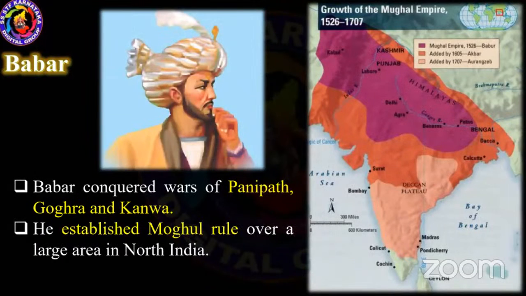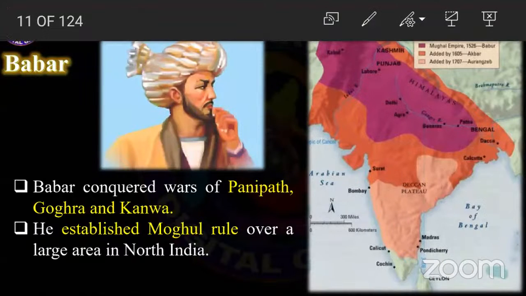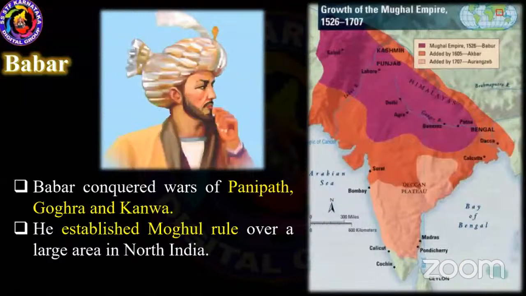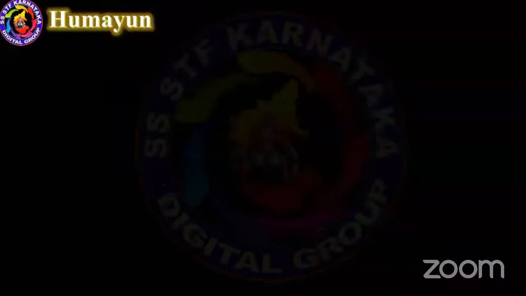Almost all of northern India was captured by Babur during those four years. You can see that in the map. The pink color indicates the entire territory of the Mughal Babur.